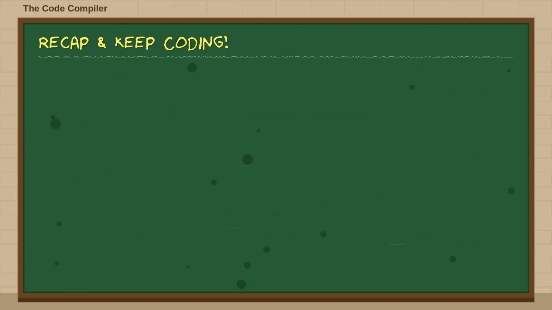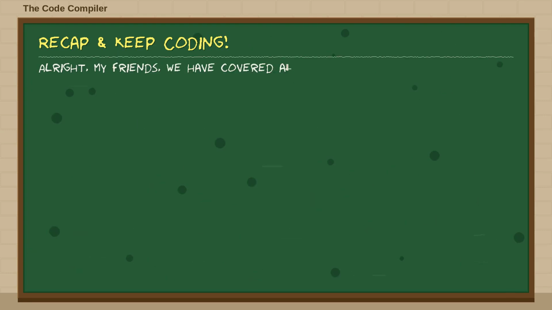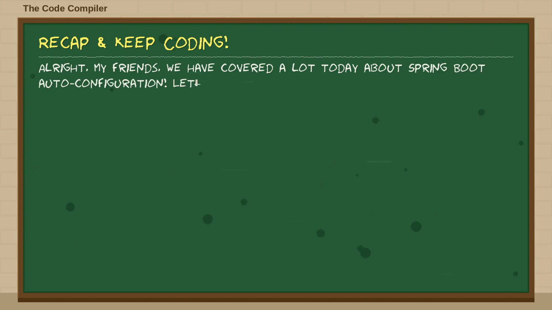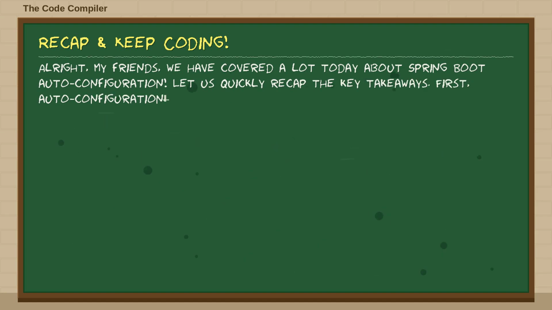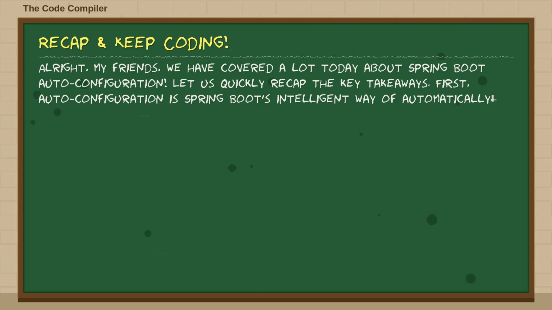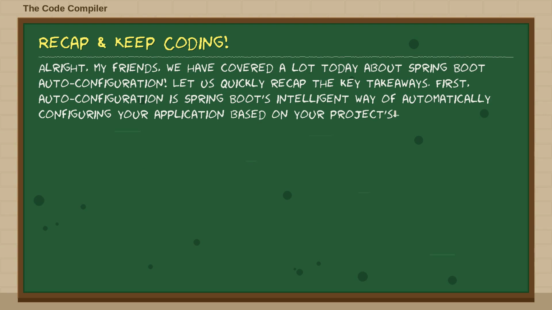Alright, my friends, we have covered a lot today about Spring Boot auto-configuration. Let us quickly recap the key takeaways. First, auto-configuration is Spring Boot's intelligent way of automatically configuring your application based on your project's dependencies, saving you a lot of boilerplate code.